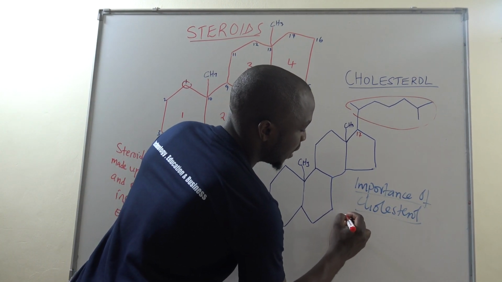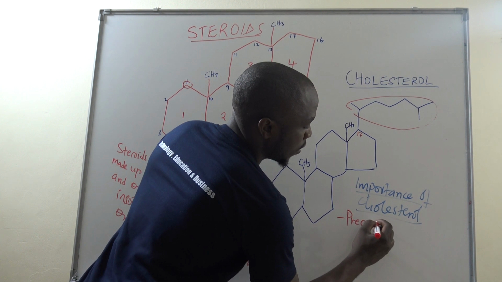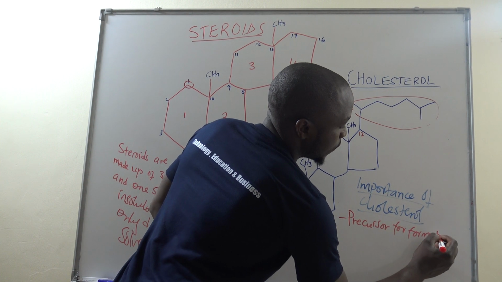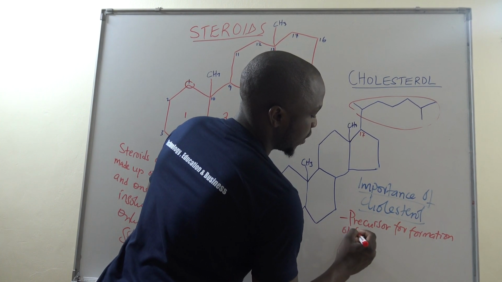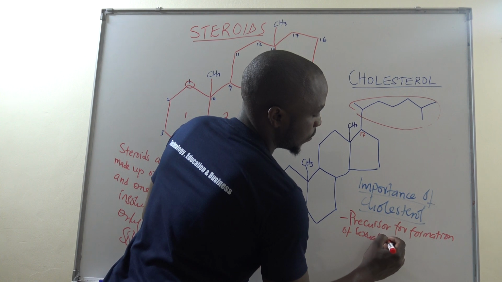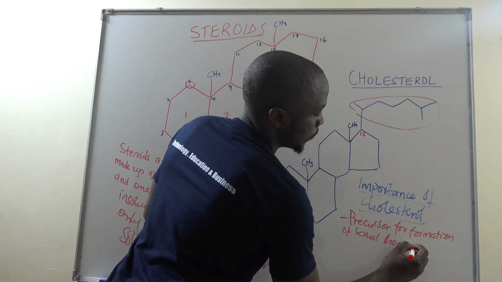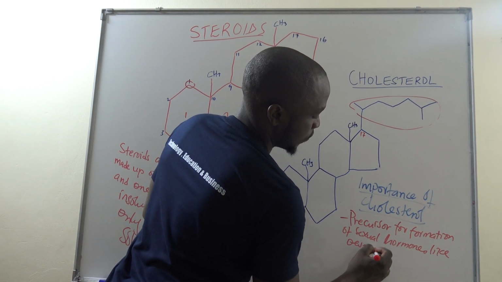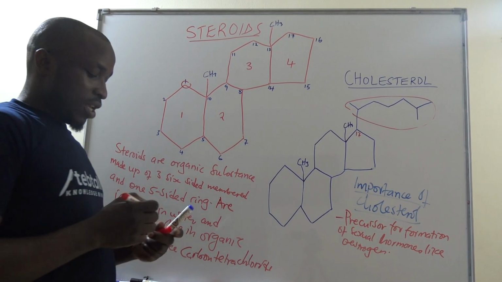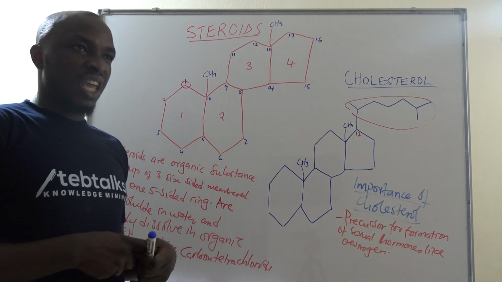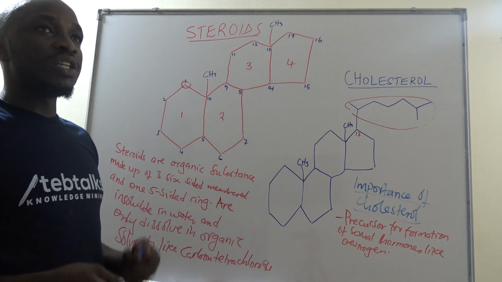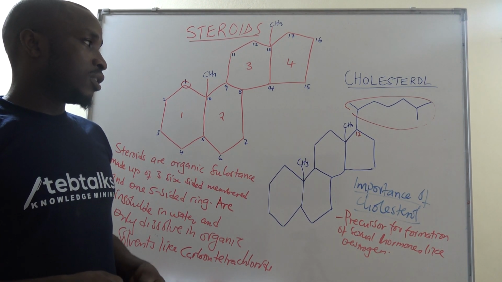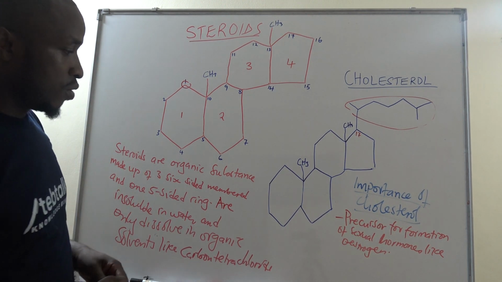The first part, it is a precursor for formation of sexual hormones like estrogen. That's why some books call estrogens a steroid hormone, because it is manufactured from cholesterol, a steroid, so it is useful.